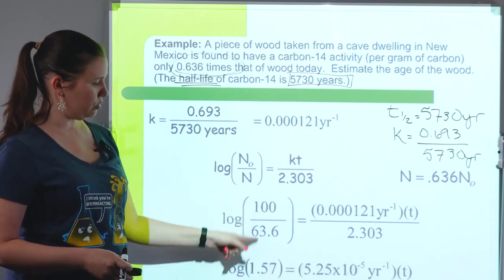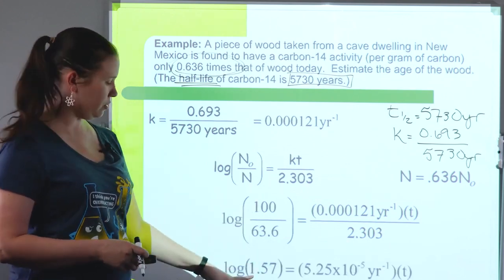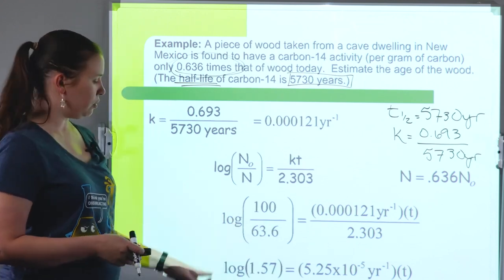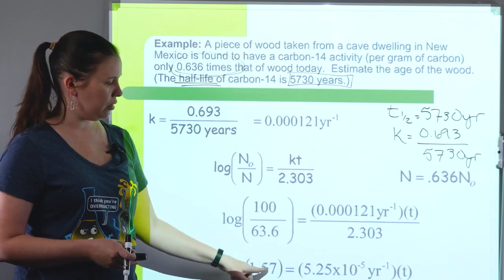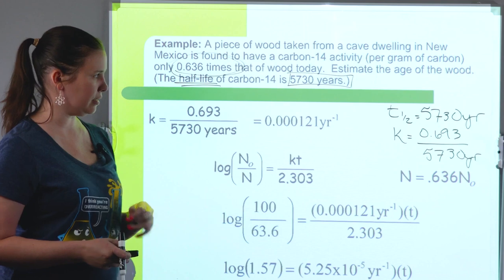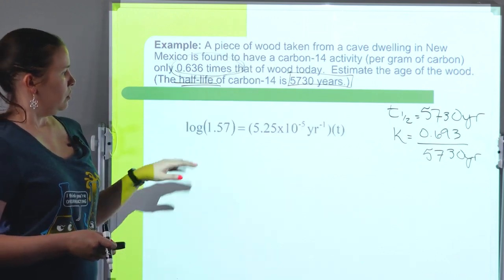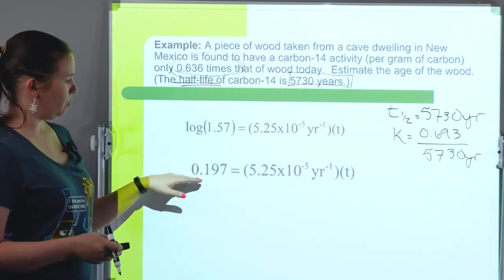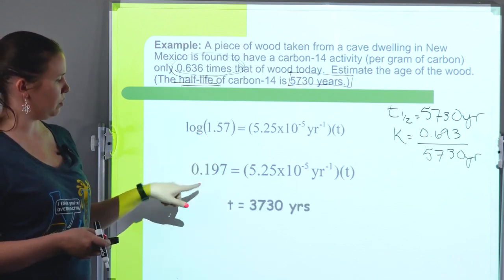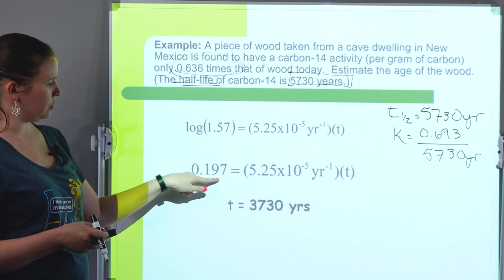So first thing you want to do is your 100 divided by your percentage. So that's going to be 1.57. Then when I find the log of that number, I can divide it by the K, and that'll isolate my T. So the log of 1.56 would be 0.197. So notice these significant figures became my decimals, 3 sig figs, 3 decimals.